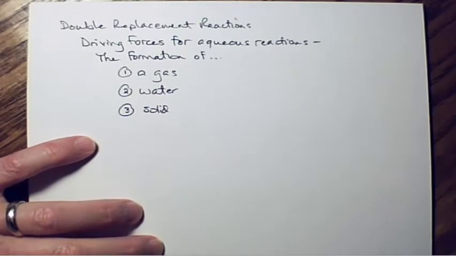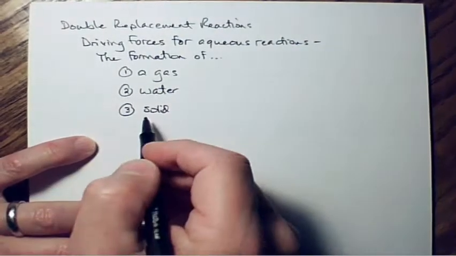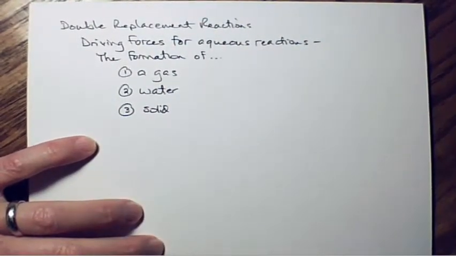So if I have two solutions, two ionic compounds, two different salts dissolved in water, and I mix those two solutions together and I form a solid, what's another name for that solid coming out of a liquid? Come on, I know some of you heard this in physical science. A solid coming out of some liquid.